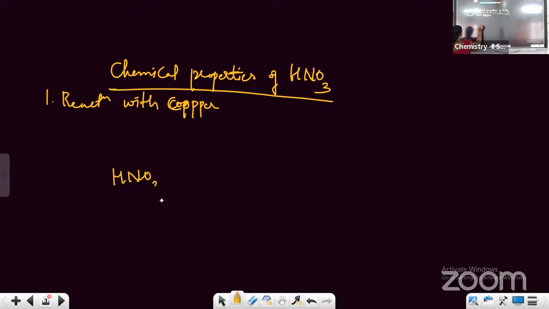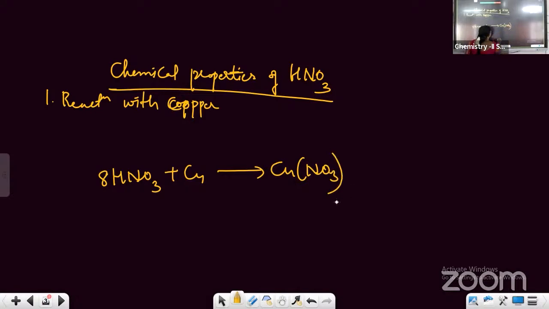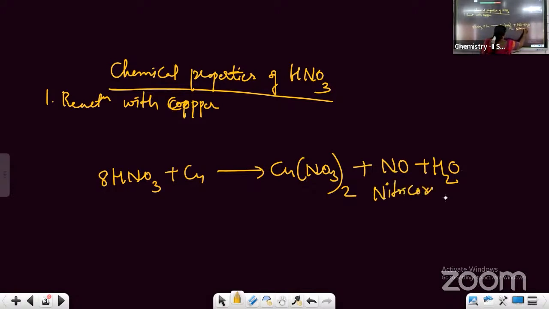HNO3 reacts with copper. Here 8 moles of HNO3 reacting with copper gives copper nitrate, Cu(NO3)2, plus NO plus water. What is this NO? This is nitric oxide.